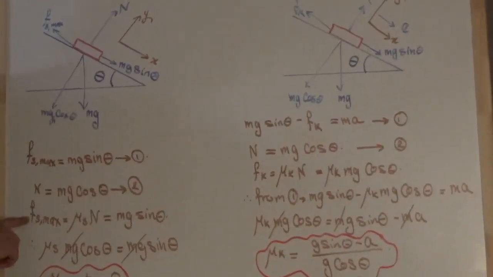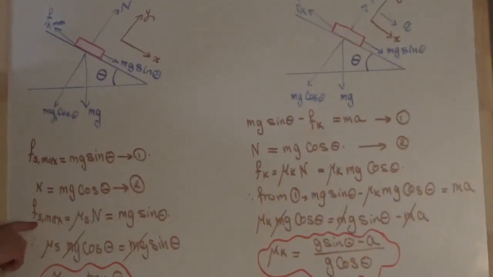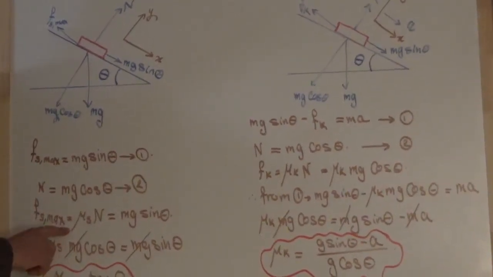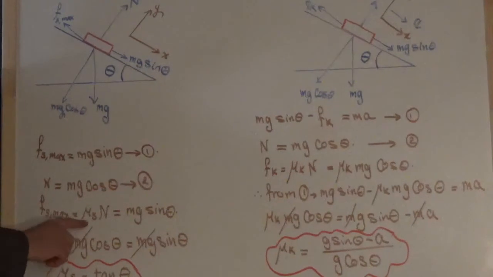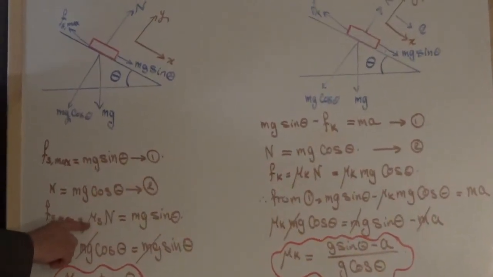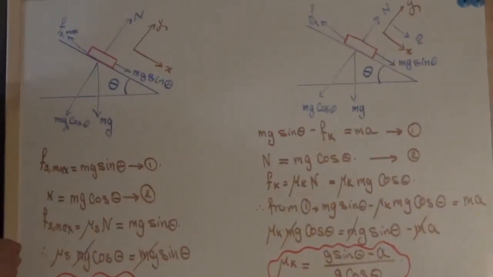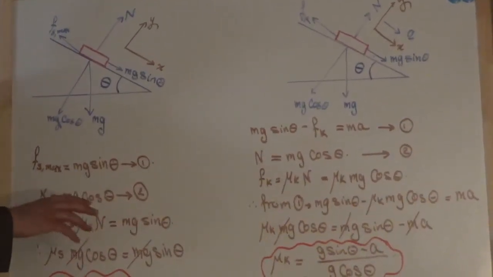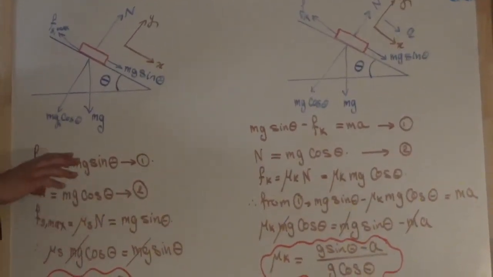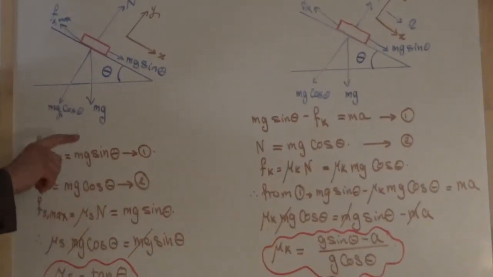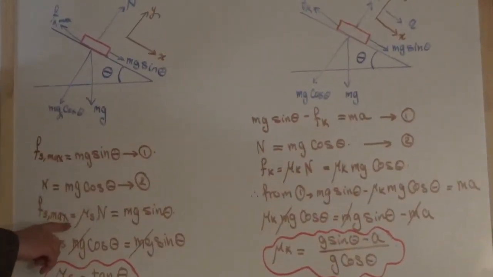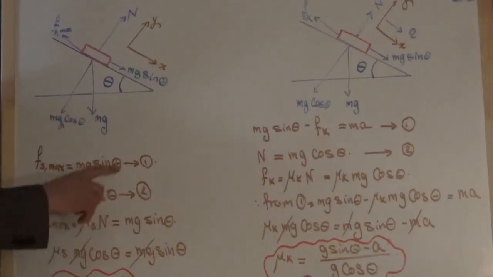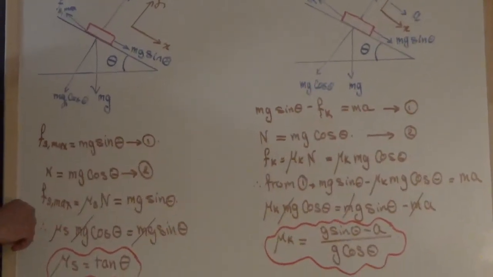Now we know that the max static friction force is equal to mu s, the coefficient of static friction, times the normal force. And by the way, just to correct what I said before, guys, we are going to figure out the coefficient of static friction and the coefficient of kinetic friction.